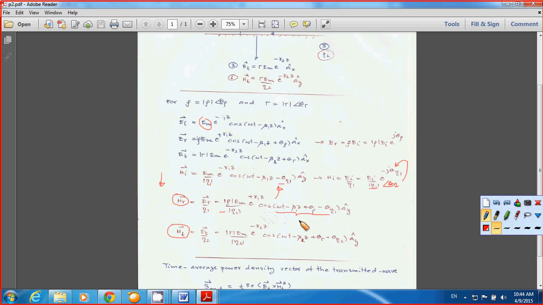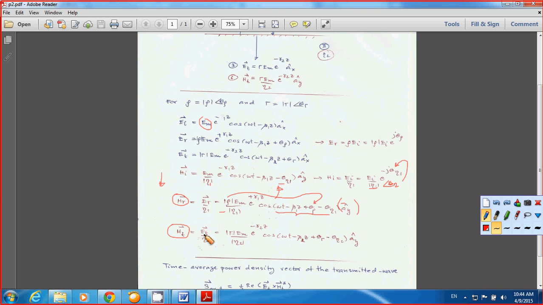And for the phase, you not only have theta rho because you have the reflection coefficient you add up, but you subtract theta eta 1 in the equation, and the component is supposed to be negative a y, as I mentioned earlier.